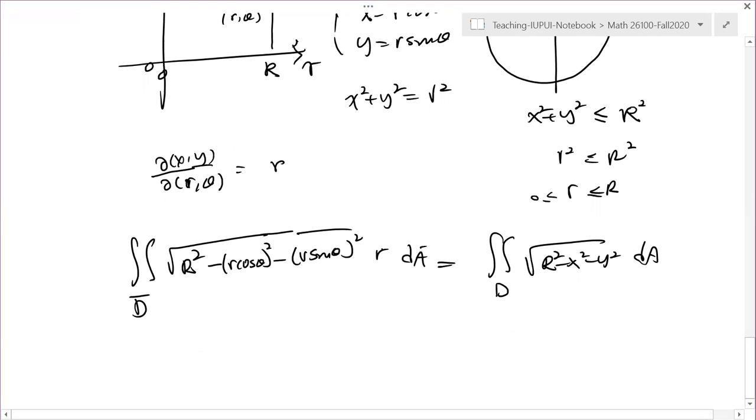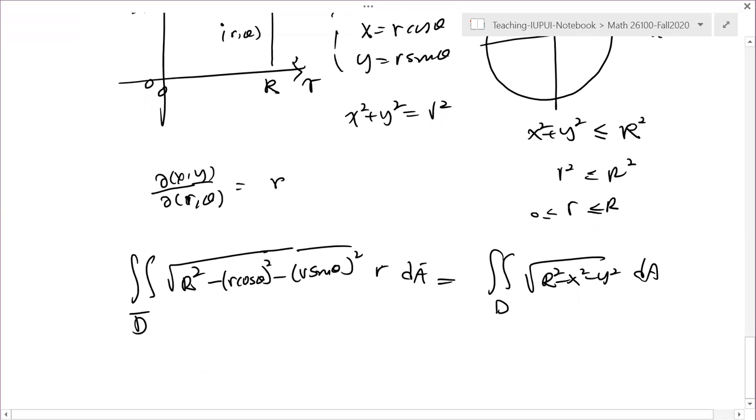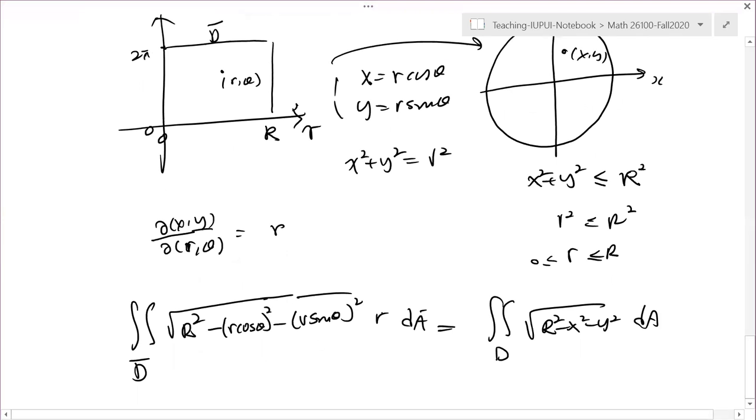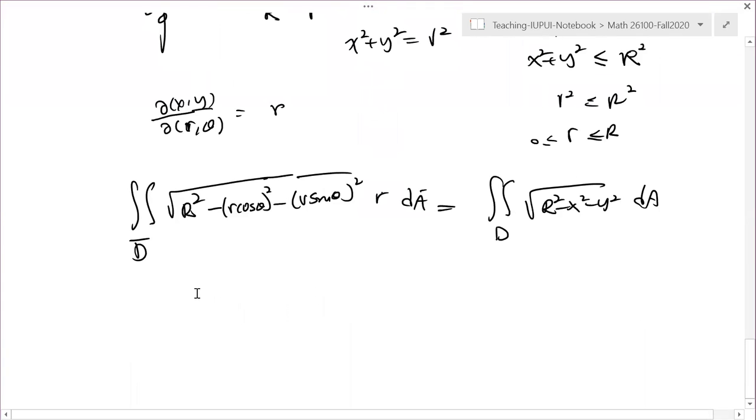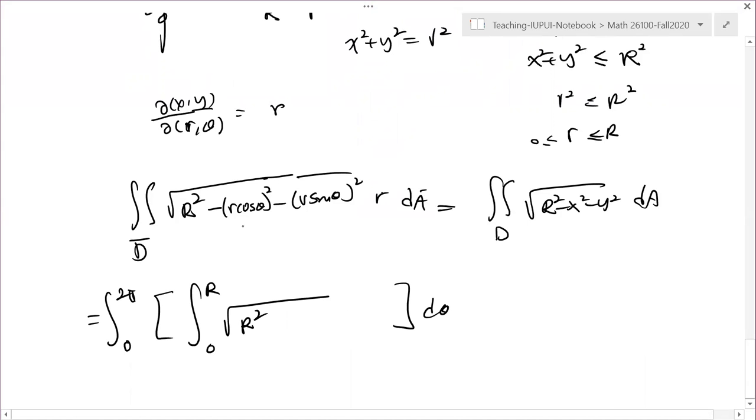Now you can use an iterated integral, in any order, because your domain right now is a rectangle. So this can be written from 0 to 2 pi d theta, and here from 0 to capital R. After you simplify, this is going to be just r squared.